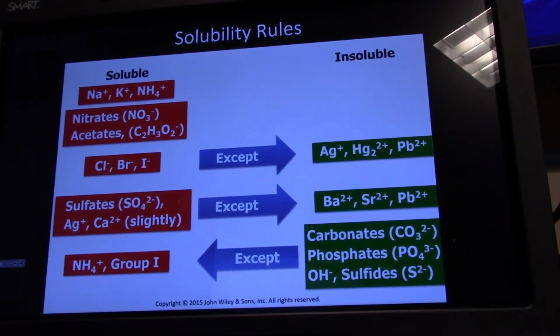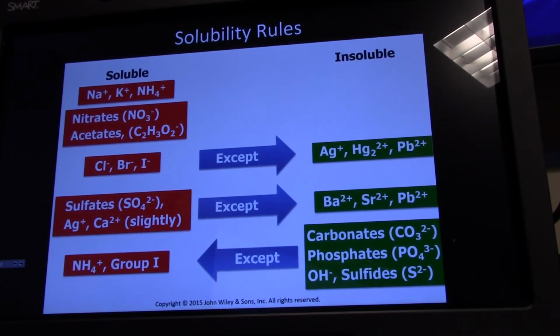Rule 2. If the anion is a nitrate or an acetate, it will always dissolve in water in this class. Rule 3. If the anion is a chloride, bromide, or iodide, it will dissolve in water except silver salts, mercury 1+ salts, and lead 2+ salts will not dissolve in water.